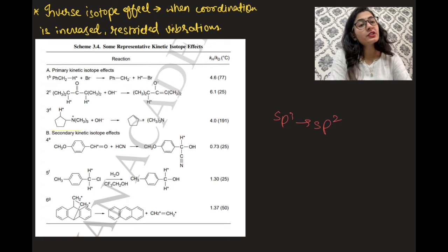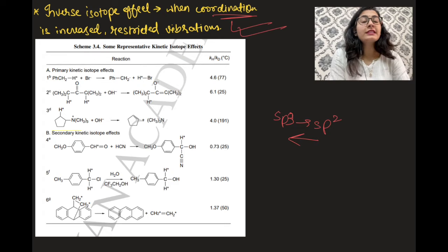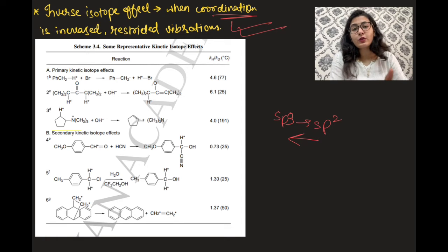But if we do the reverse, for example going from sp2 to sp3, there is going to be restricted rotation, restricted vibration. So when the coordination number is increased, there is restricted vibration, and because of that we will have an inverse secondary kinetic isotope effect.